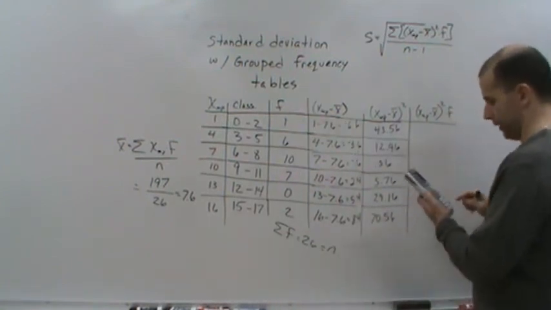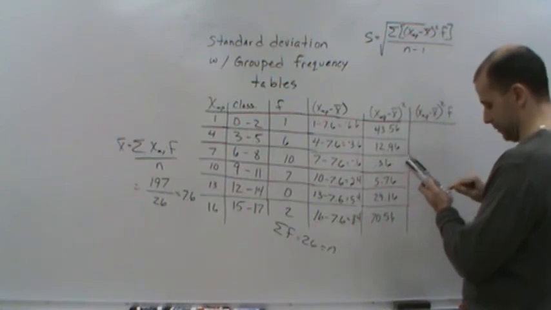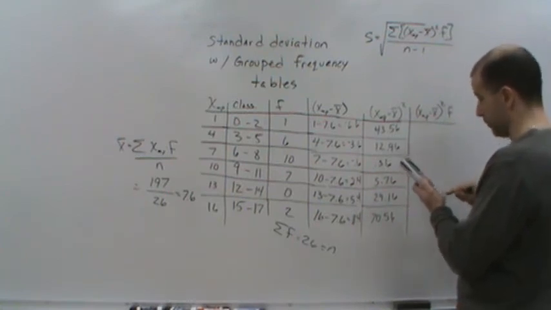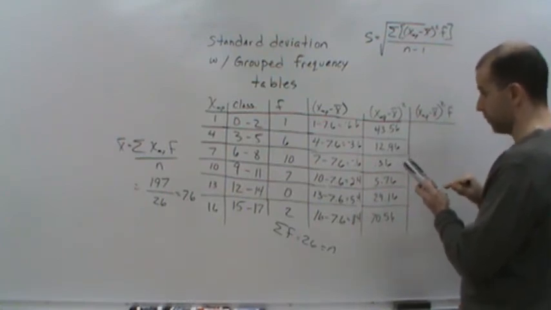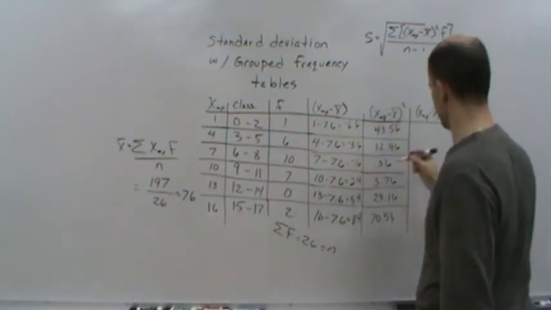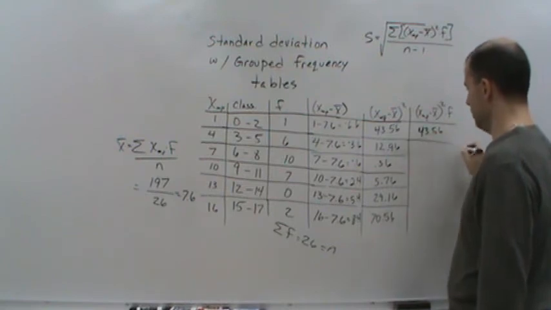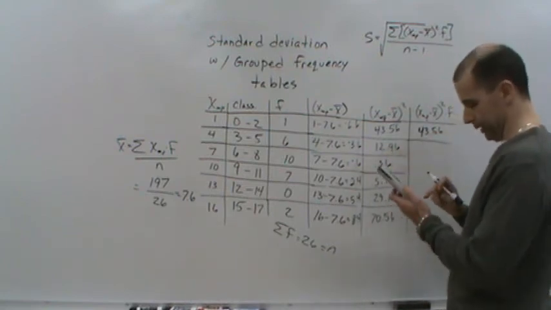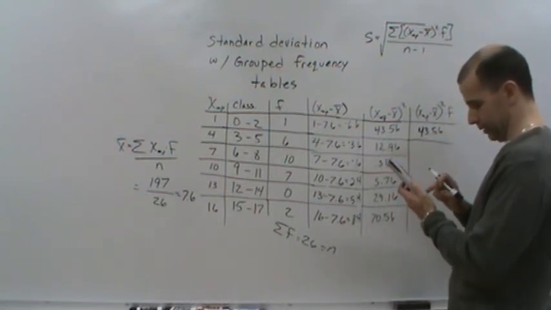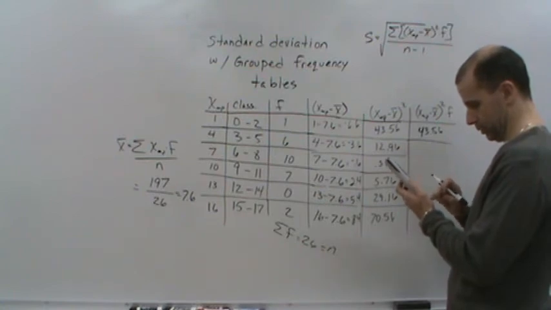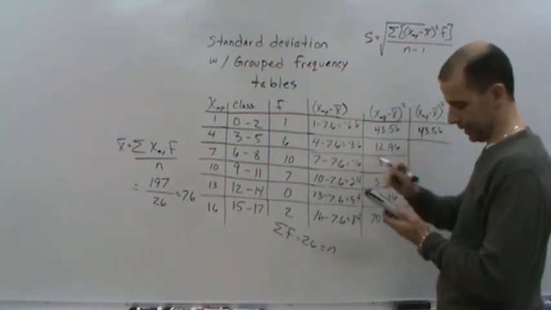So if I do that, that's just multiplied by 1, so 43.56, 12.96 times 6.